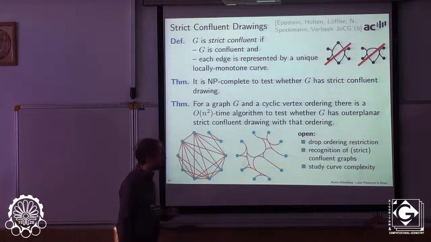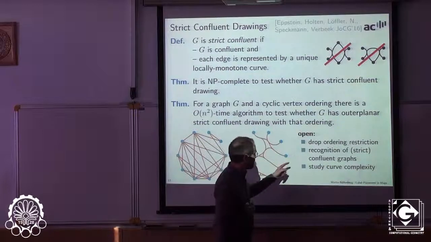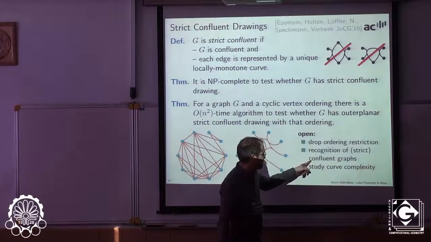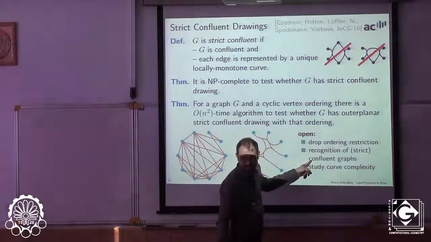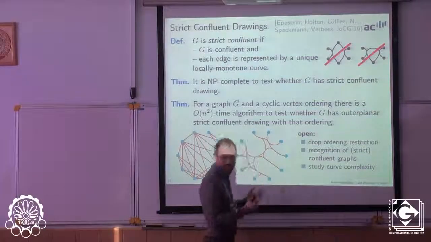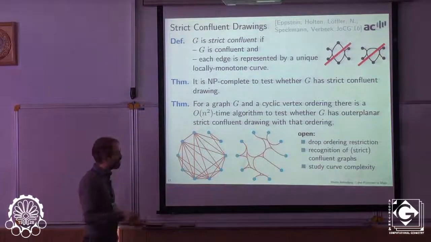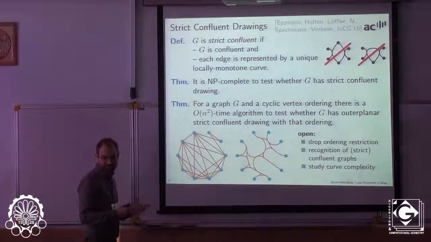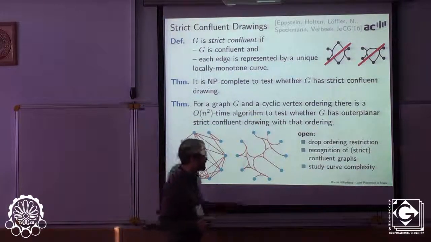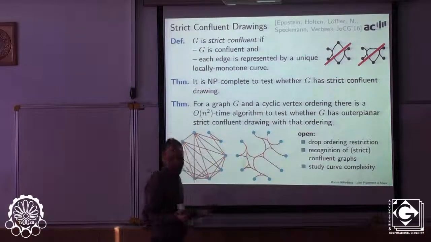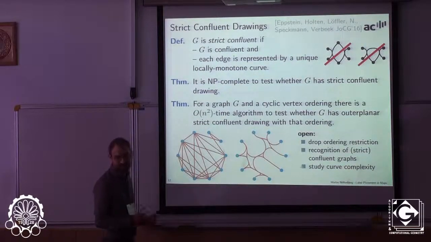Yeah, so that is not well understood. Trying to recognize which graphs have strict confluent layouts is kind of a subset of the problem of understanding which graphs have confluent layouts. Because this is more restricted, there's more hope to have progress here. And then also maybe study the total curve complexity that we need. And like we can add edge length.